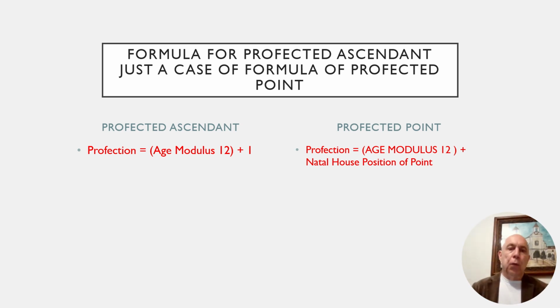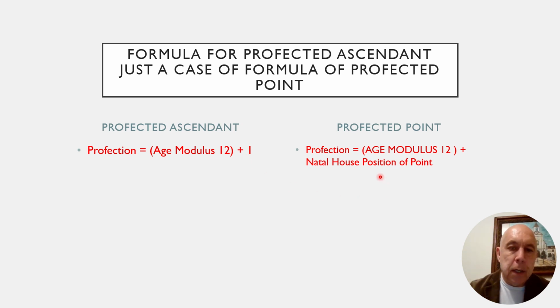Okay, so the formula for the perfected ascendant is just a case of the formula of the perfected point. If you didn't catch that already, if you think about it, the ascendant is always going to be in the first house, so you're always going to have plus 1 here.